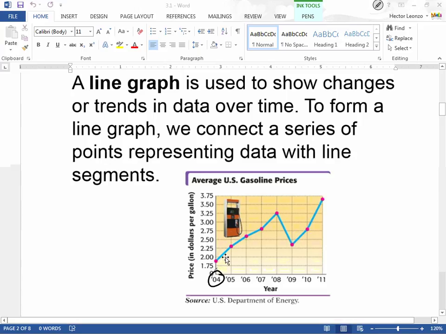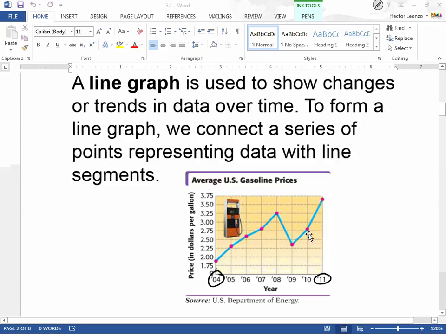So that's what I'm saying, it's $1.80-something. Now, if you want to look back at 2011, when the prices were really high, if I look up, it was between $3.50 and $3.75. Seems like it was about the middle, so I'm going to say it's about $3.60-something, right?